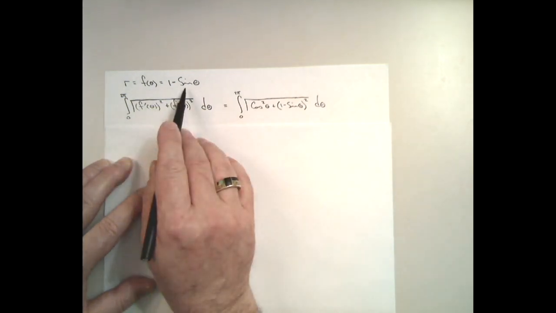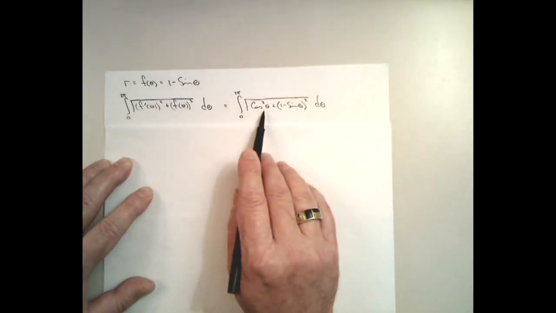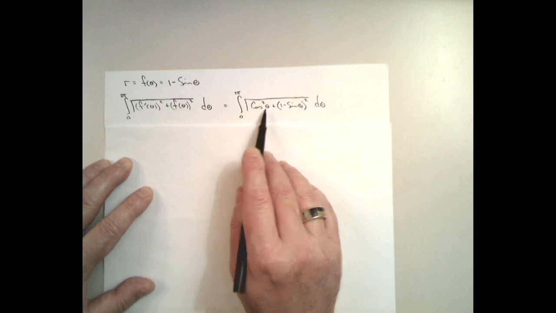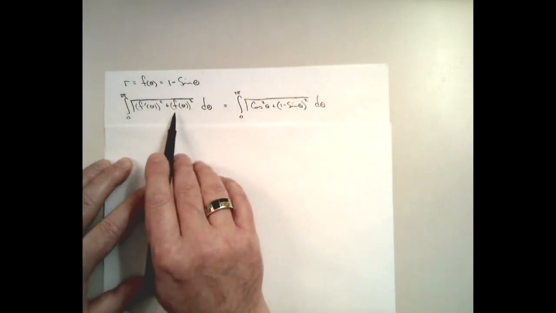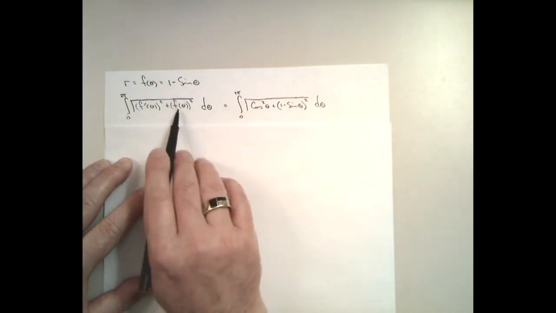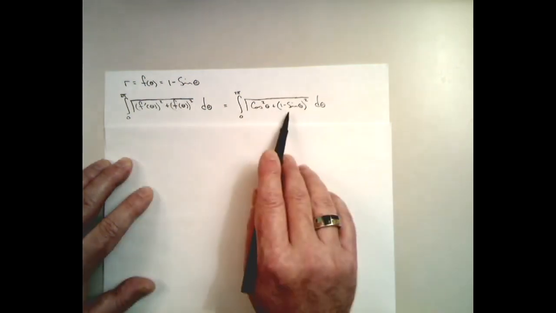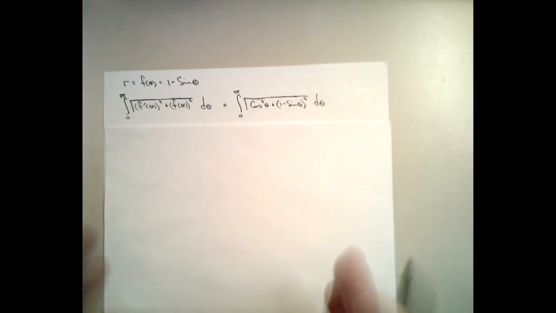Our f prime of theta is negative cosine of theta, and we're going to square that. So whenever I square negative cosine theta, I'm going to get cosine squared theta. And then I'm going to square my function, 1 minus sine theta quantity squared. That's the integral. We just need to evaluate it.